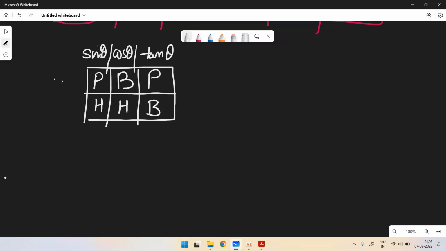Sine theta is perpendicular by hypotenuse, cos theta is base by hypotenuse, and tan theta is perpendicular by base. Sir, this I know, but I need to remember how to remember this. So how to remember PBP and HHB. I am not against any country, but this is Pakistan bhuka pyasa, Hindustan hara bhara.